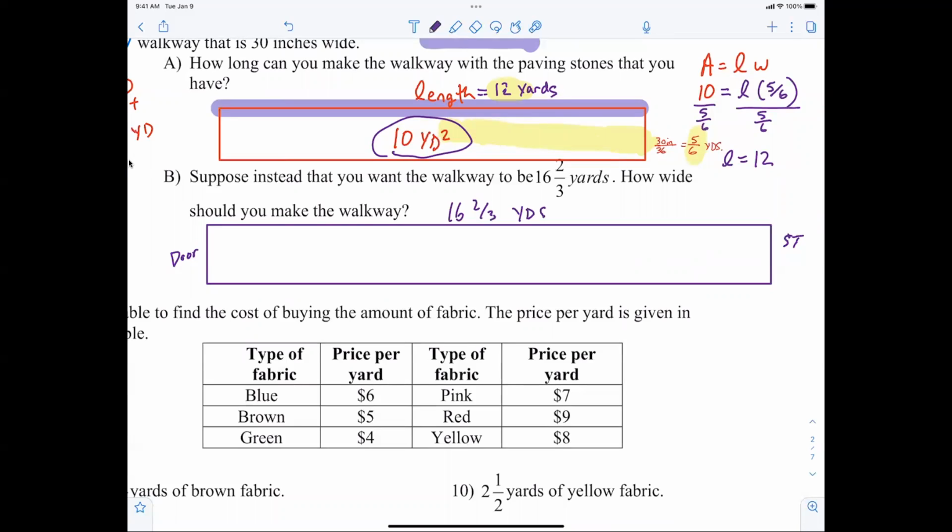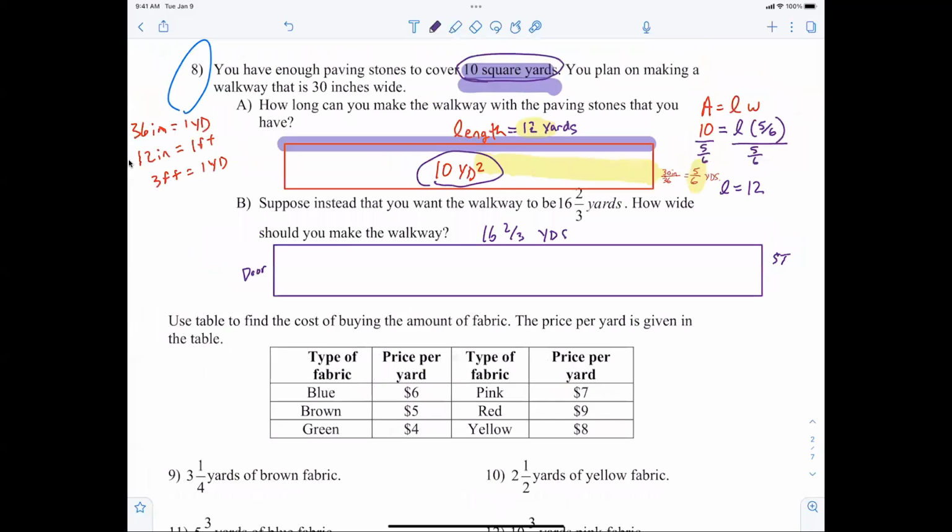I have 10 square yards sitting in a pile. I'm going to lay that stone out. How wide can I make my walkway? Now, keep in mind, the area has to be still what? The area is still what? 10. Nothing has changed.